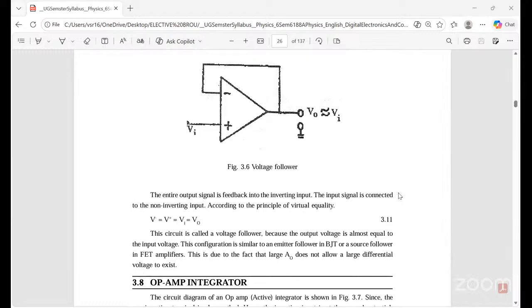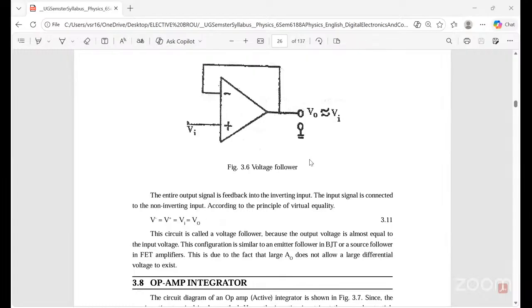The entire output voltage is fed back into the inverting terminal, and the input signal is connected to the non-inverting terminal, where V plus, which is VA, is approximately equal to the output.